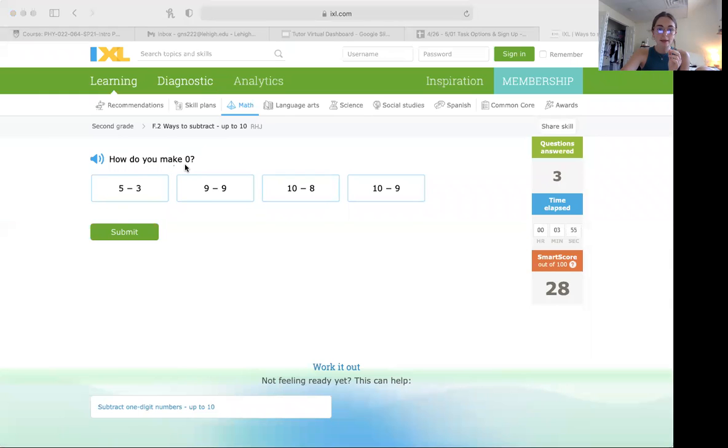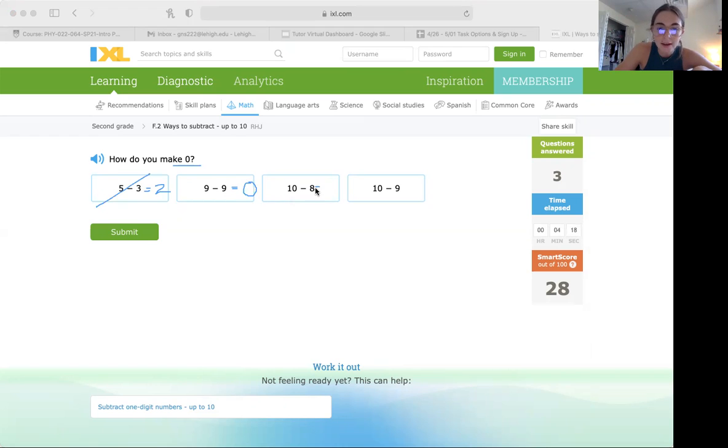How do you make 0? 5 minus 3 is 2. So we can immediately see that's not correct. 9 minus 9, you have 9. You take away all 9 and you're left with 0. So this one works.